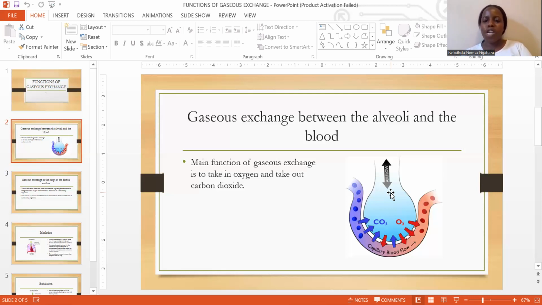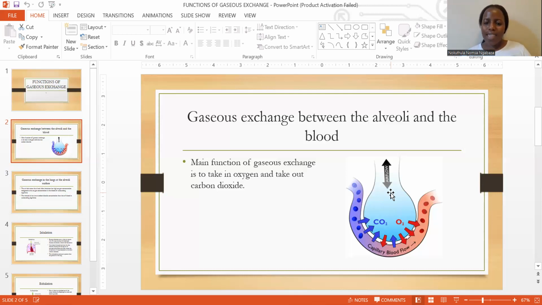That's why if we look at our diagram for the alveoli, you are going to see arrows pointing inwards, and your oxygen being absorbed into your capillaries. That process is inhalation, whereby the oxygen is absorbed into the blood, and from there it is transported to all the body cells, and the body cells on the other side are going to produce what? The carbon dioxide.